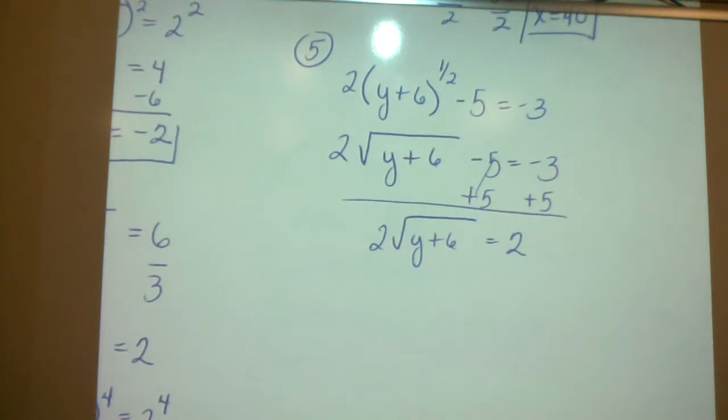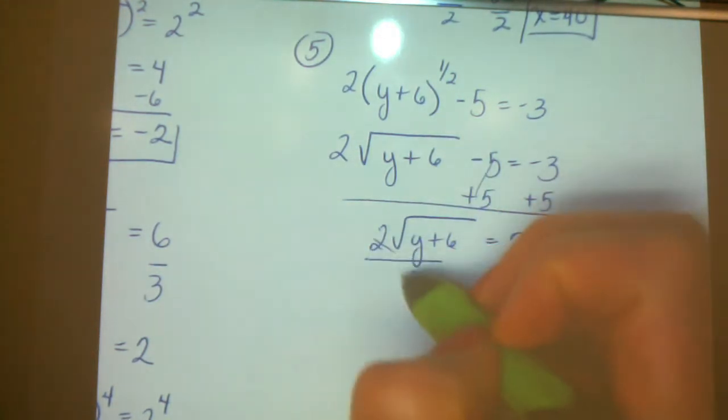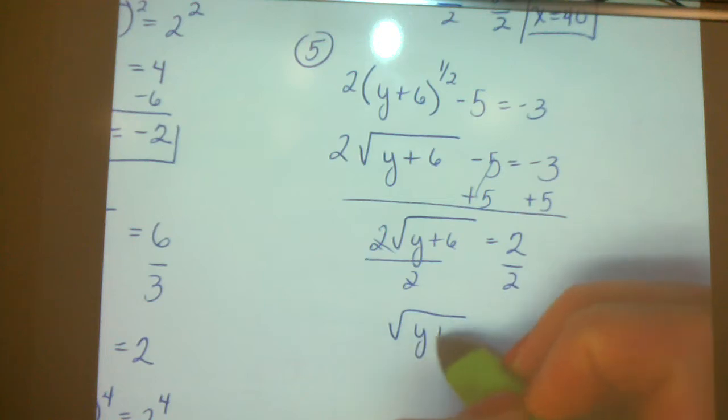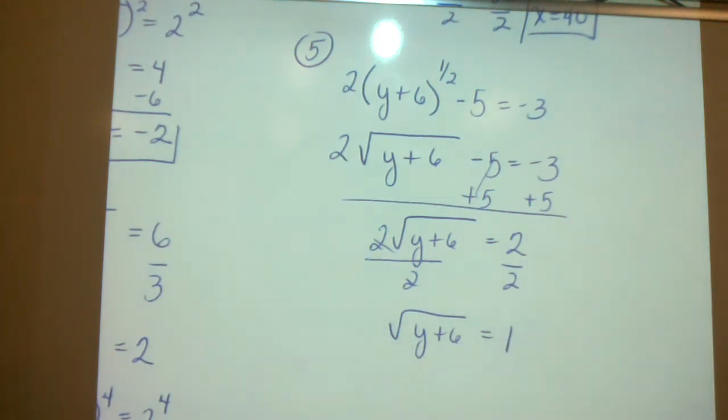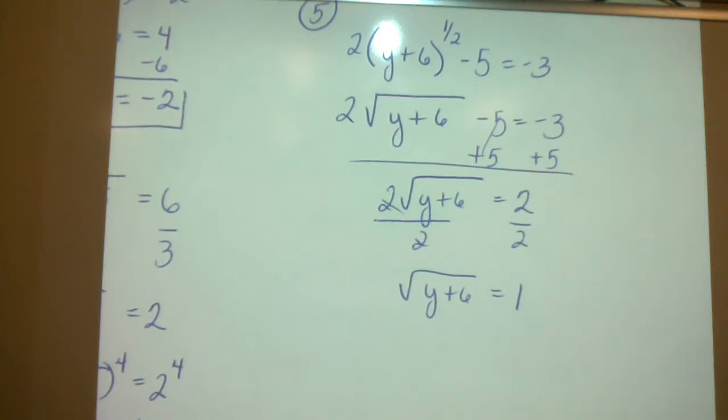From here, I've got to move this 2 that's out in front of the radical. So let's divide both sides by 2. I've got the square root of y plus 6 is equal to 1. Now I'm going to square both sides. I have to get rid of this radical.